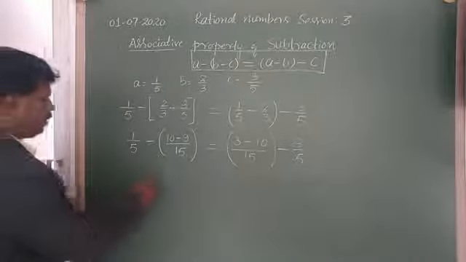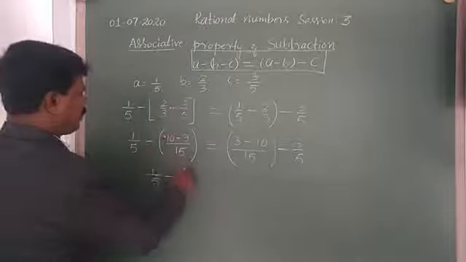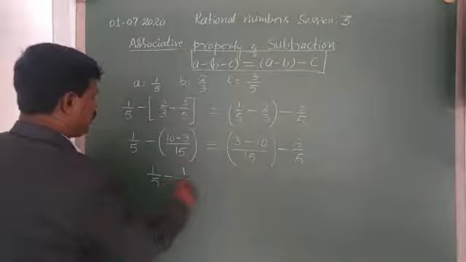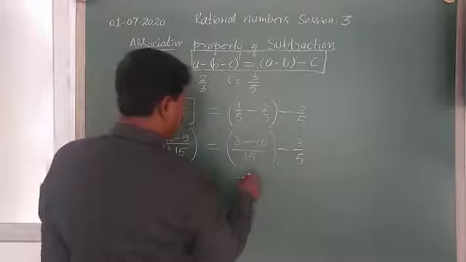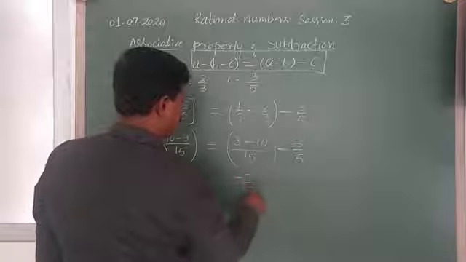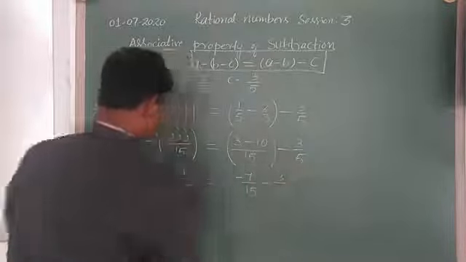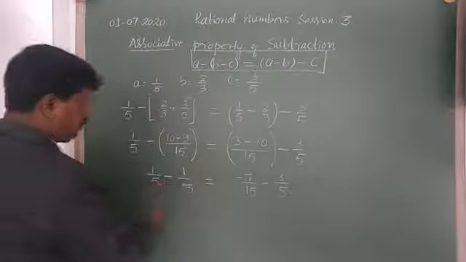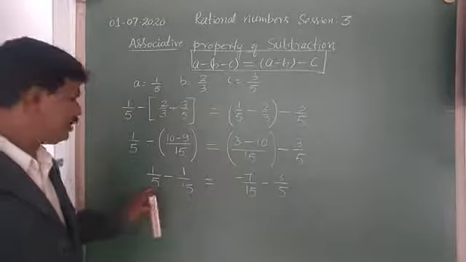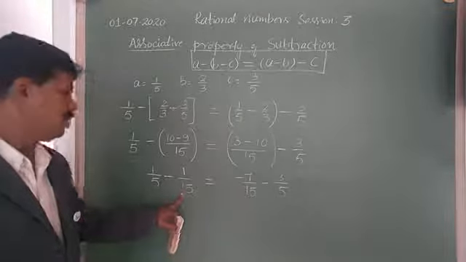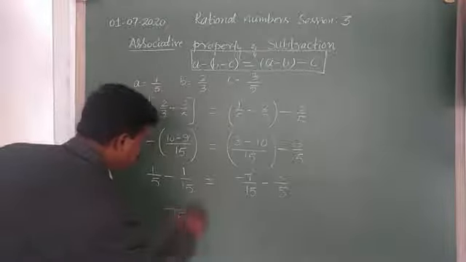Clear? Now here is 1 by 5 minus, 10 minus 9 is plus 1 by 15, equals 3 minus 10 is minus 7 by 15 minus 3 by 5. Now what is the LCM of, look at this, 5 divides 15. So 5 is a factor of this greater number. Therefore, the greater number is itself the LCM.